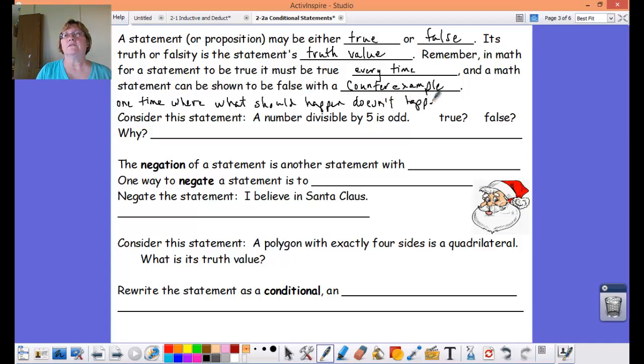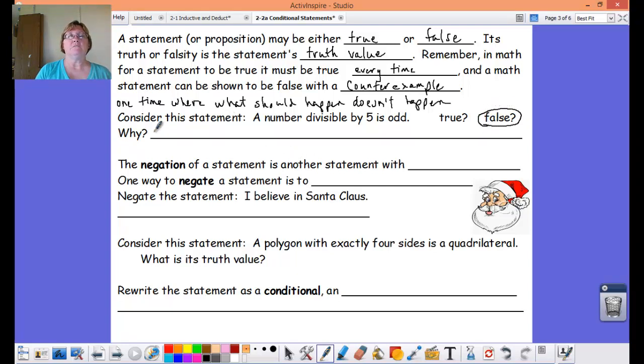And I'd like to illustrate that with this little example here. Consider this statement. A number divisible by 5 is odd. Okay, that is a statement. To decide whether it's true or false, we have to decide if it's true every time. Any number divisible by 5 is odd. And I'll betcha that you're already thinking of some counterexamples.